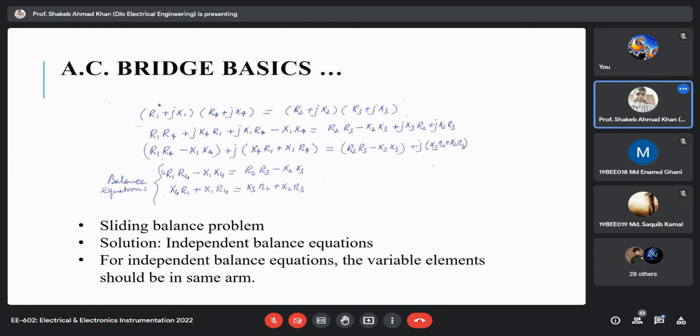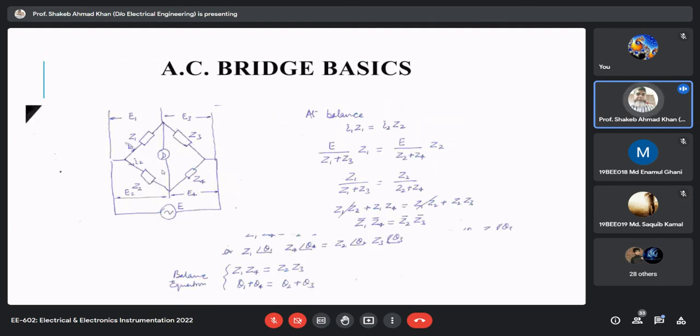All these things I discussed in general with reference to AC bridges, without referring to any specific AC bridge. AC bridges are more complex circuits in comparison to DC bridges.